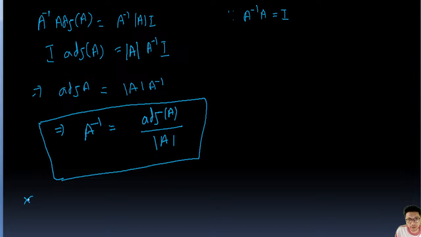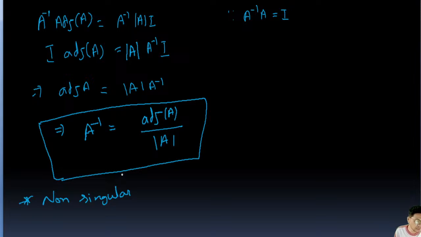Next property of inverse: non-singular matrices are invertible. Non-singular means whose determinant is not equal to 0. I have already explained it in my previous lecture.